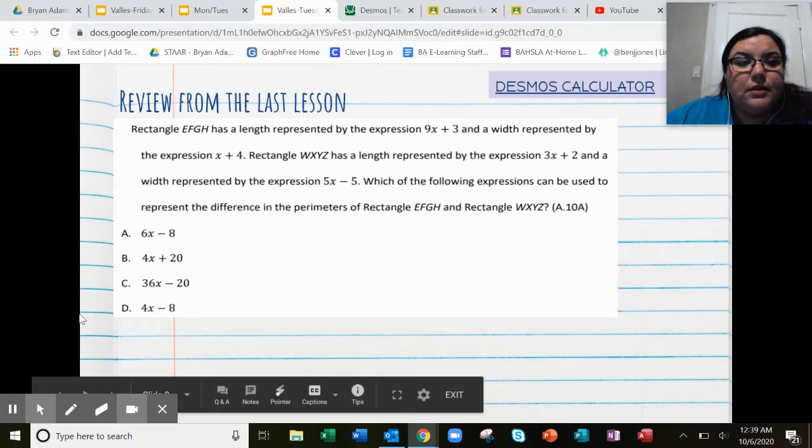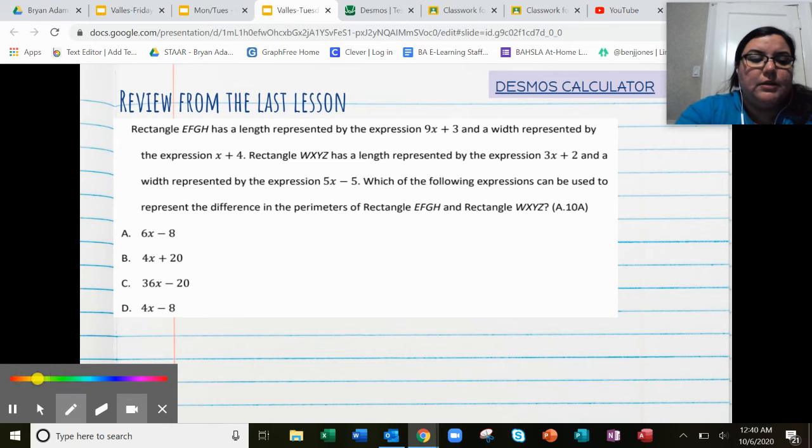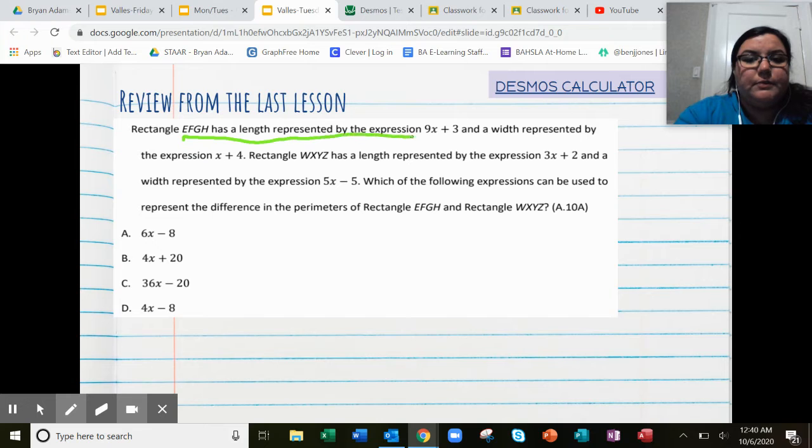Looking at this review from the last lesson, I think for one of the classes we didn't get a chance to get through this. So basically we have rectangle EFG with a length represented by the expression 9x plus 3 and a width represented by the expression x plus 4.